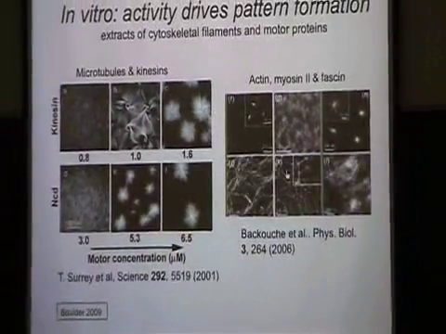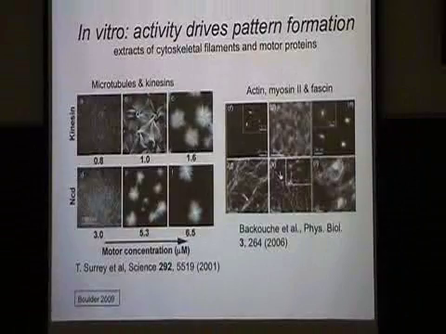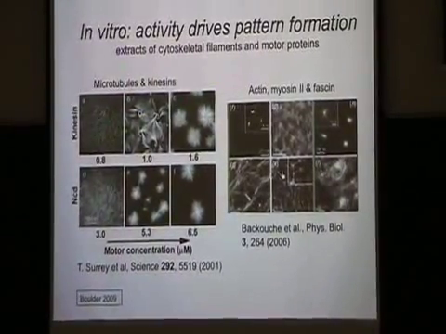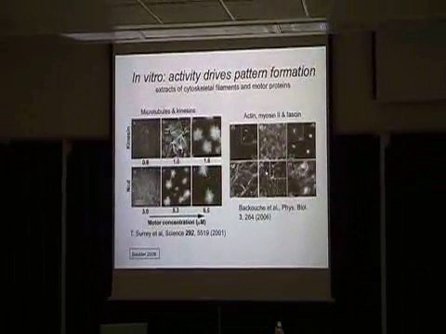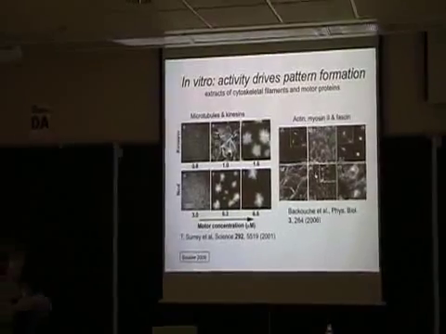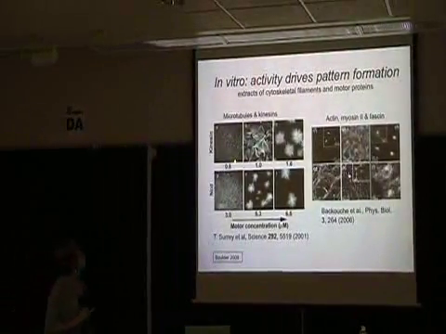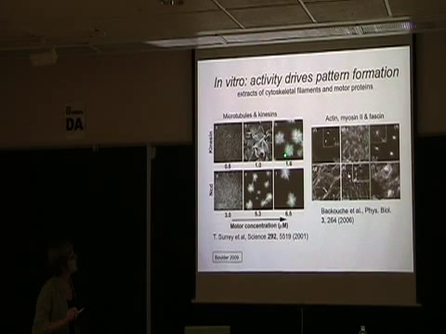So you make a suspension of filaments and motor in a petri dish plus a solvent, and you watch what happens as you increase the concentration of the motor proteins, which, remember, are capable of acting as active cross-linkers and move the filaments around, if you like. What is imaged here are mostly the filaments, although you can also see the concentration of the motors.